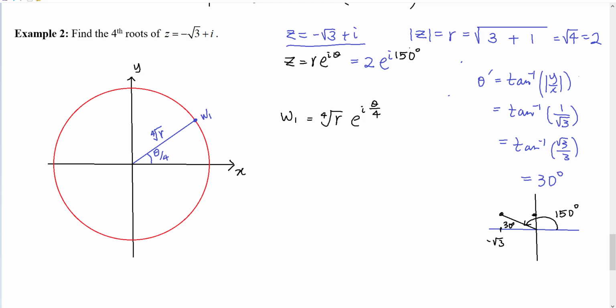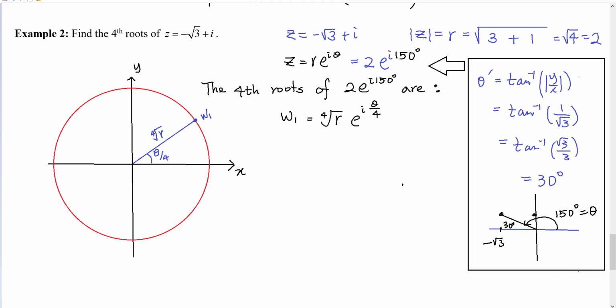Now, there are 4 fourth roots. The first one you're going to get is w subscript 1. It's the fourth root of r, and r is 2, so the fourth root of 2, and we're going to divide 150 degrees by 4.